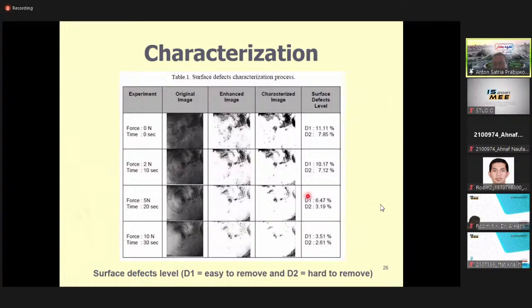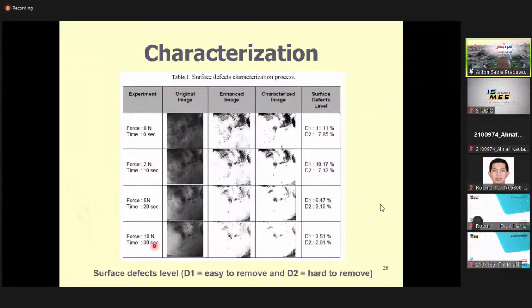we got the result for D1 of 6.47, from 11.11 at the beginning. So it is a significant result. And for D2, 3.19.